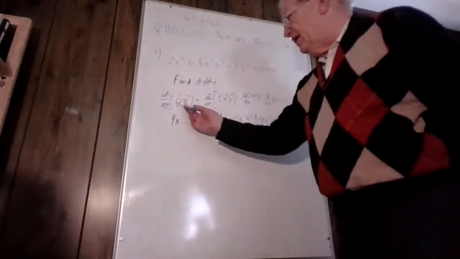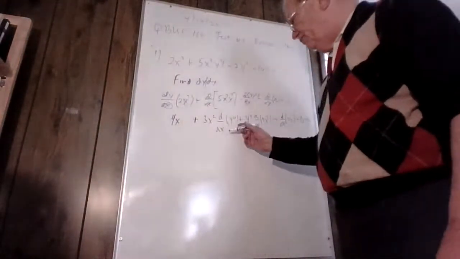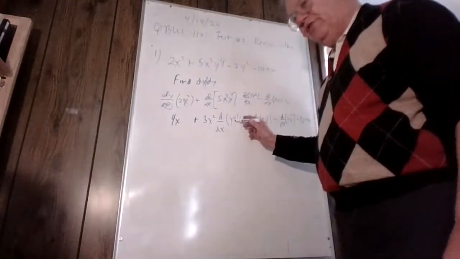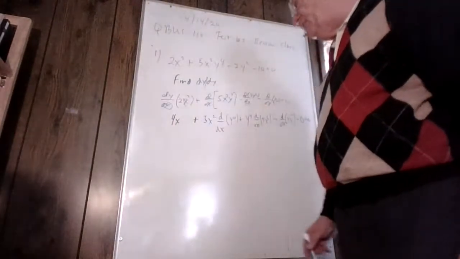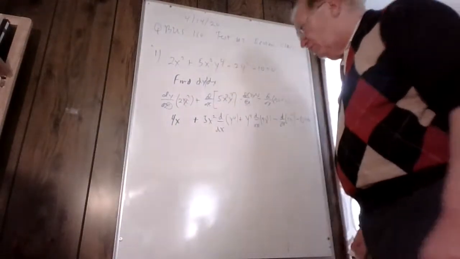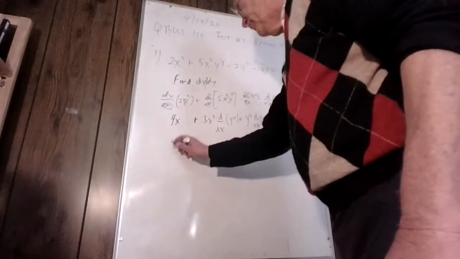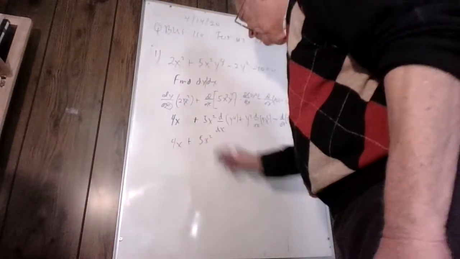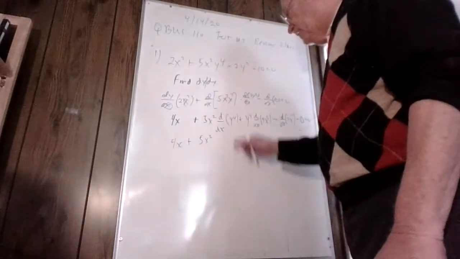Now this I could take x and x, but look what happens here. I have a derivative with respect to x, but I have a y function. That means that I have to use my chain rule. The way I use my chain rule is I keep the 5x squared. This has to be taken with respect to y.